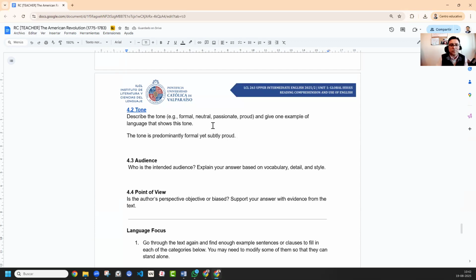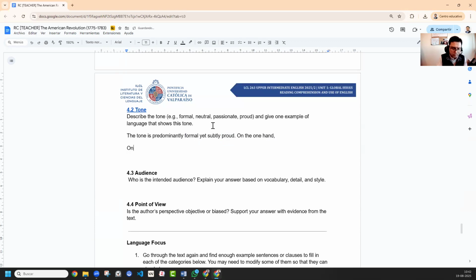So now I want to refer to formal and proud. These are two characteristics of the tone. So I will use "on the one hand" and I will use "on the other hand."